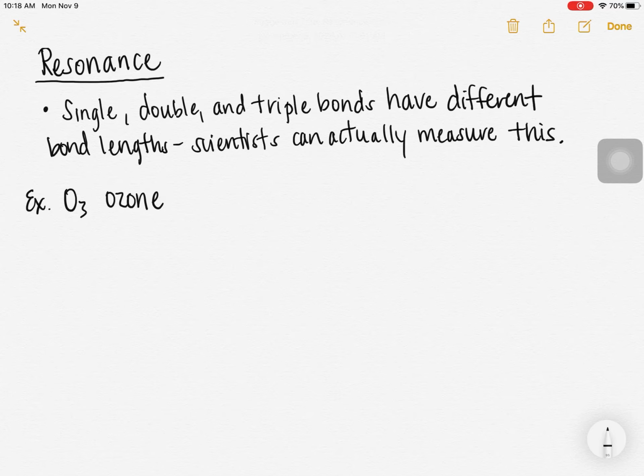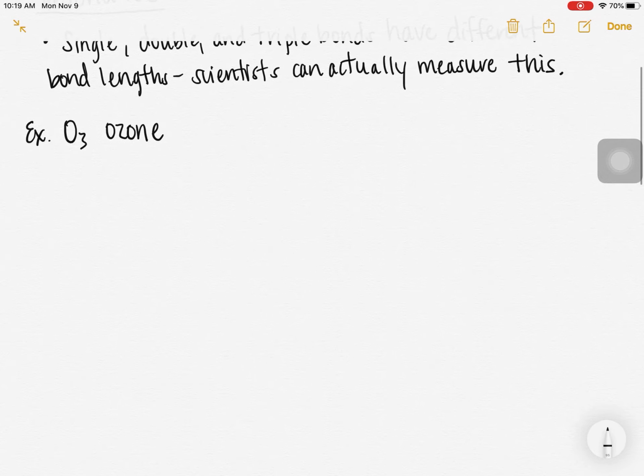For this discussion, we're just going to state that single, double, and triple bonds all have different bond lengths. We'll get into how that relates to other things later. But for now, just know that a single bond is different than a double bond, which has a different length than a triple bond. So we're going to start this discussion talking about ozone, which is O3.